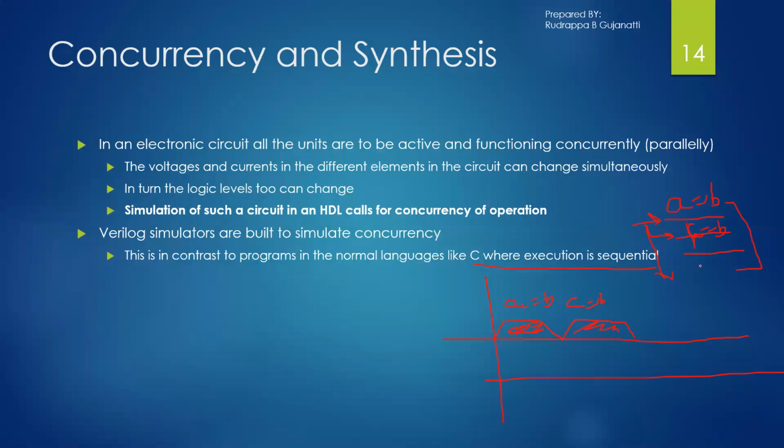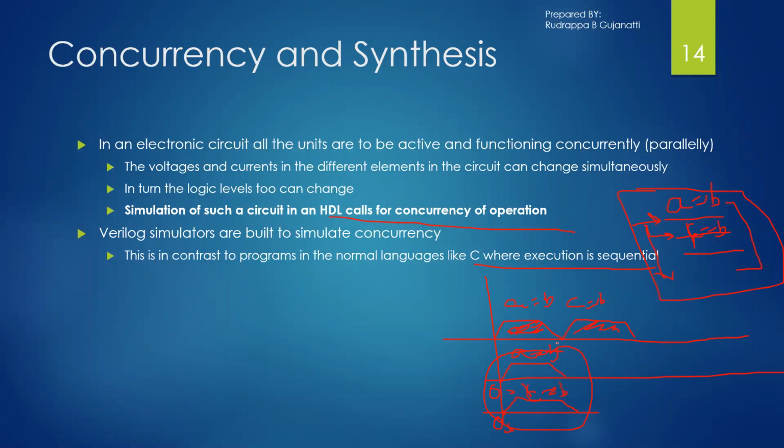But in Verilog, or HDL, this might happen in a concurrent fashion because it supports concurrency. Both assignment operators might start at the same time, but if you want them at different times, you should take care of that and see where sequential execution is required. Here a equal to b is executed, say, at the 0th second, and at the 0th second c is also getting assigned.